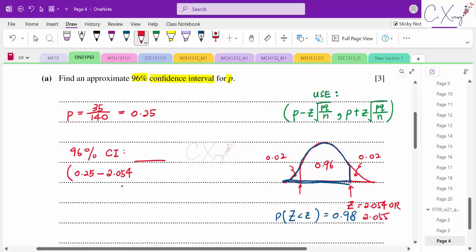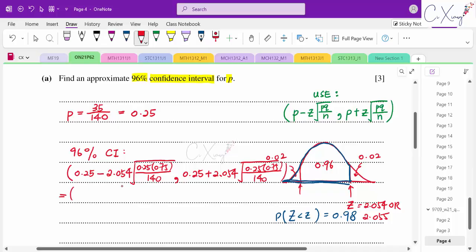Then square root of PQ over N. So P is 0.25, Q is 0.75, divided by the sample size. The sample size is 140. Then the same thing happens for the upper limit: it will become plus, 0.25 plus 2.054 square root of PQ over N, divided by the sample size.